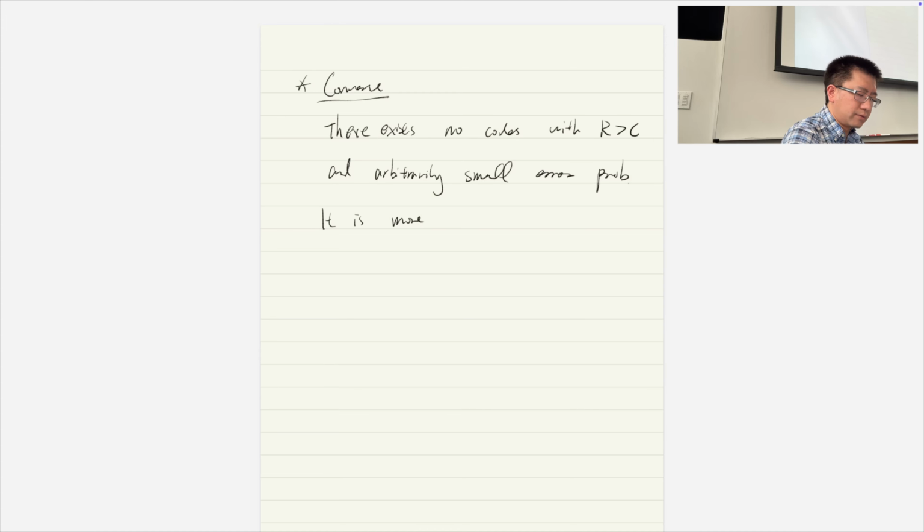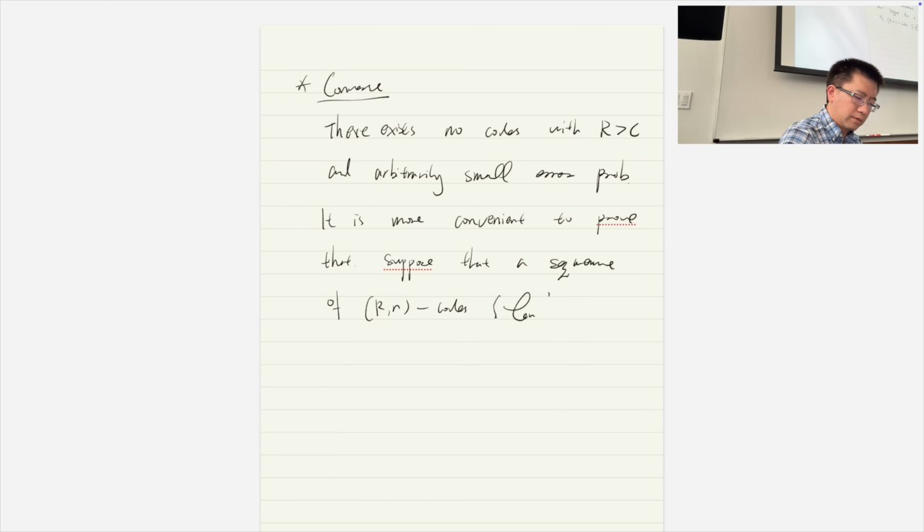Normally it is more convenient to prove that, suppose that a sequence of (n, R_n) codes C_n exists such that the maximum error probability, so here we don't need to show the maximum error probability, we just need to show the average error probability goes to 0, as we said before.